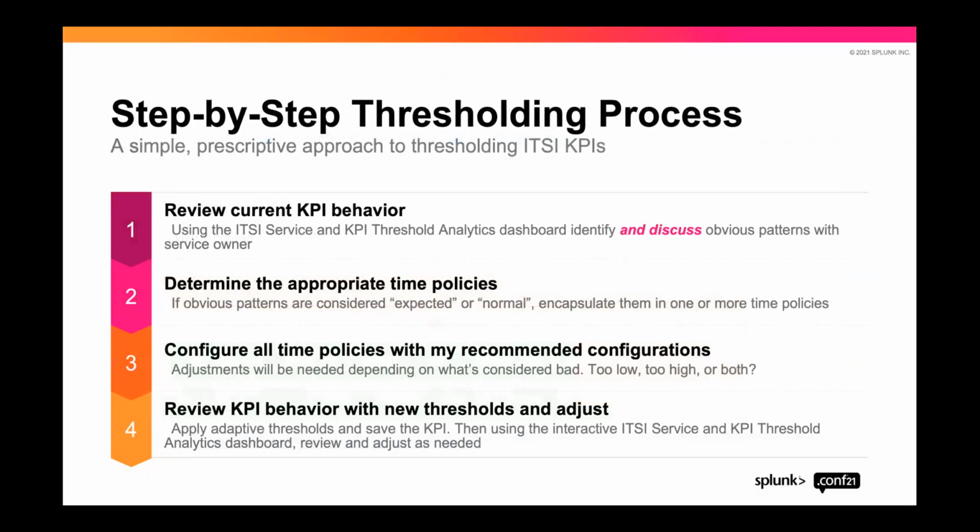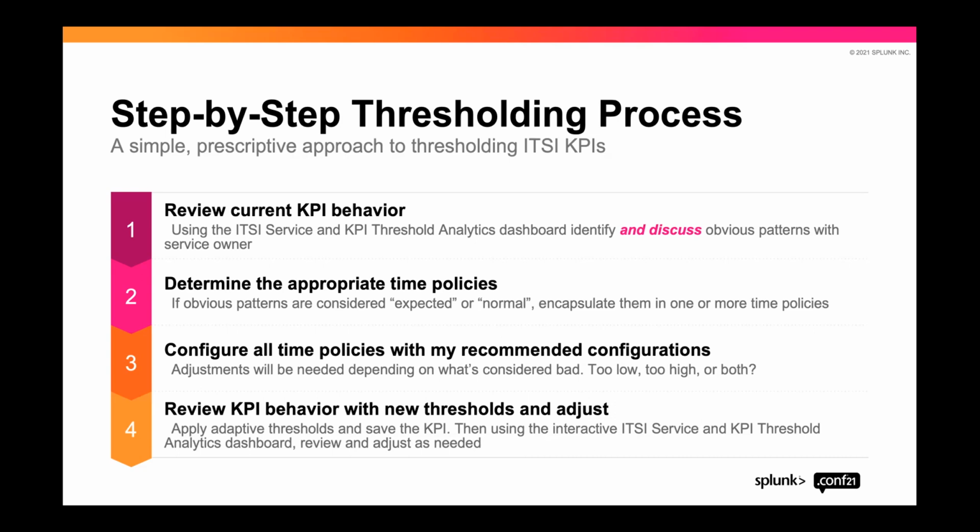So, a step-by-step approach. The first thing you do before you build a KPI, or just after you build the KPI maybe, is sit down with that dashboard and with the service owner and discuss the patterns. You look at that KPI and see what the pattern is. Now, if it's ITSI type stuff, like CPU on servers, memory, all that stuff, those are pretty well known.